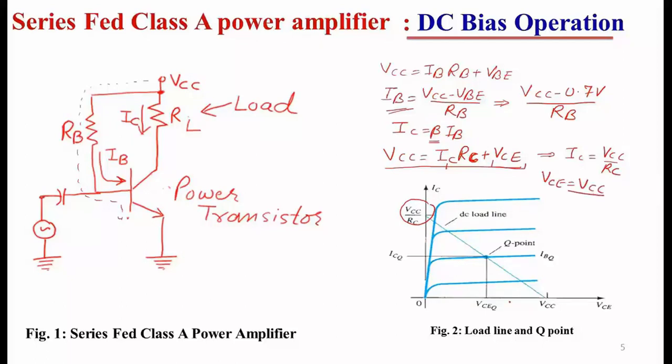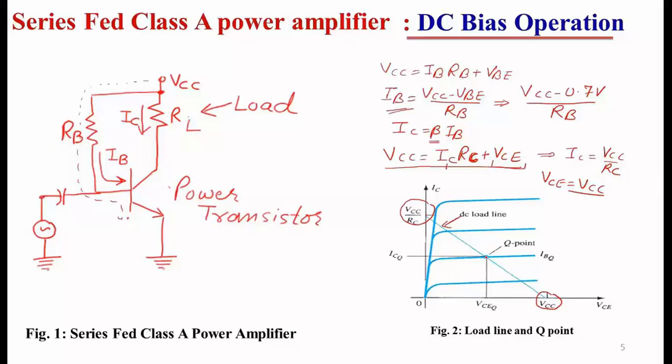So we find two points, one on the x-axis when IC is equal to 0, and one point on the y-axis when VCE is equal to 0. By connecting these two points, we find the load line. So this is the DC load line.